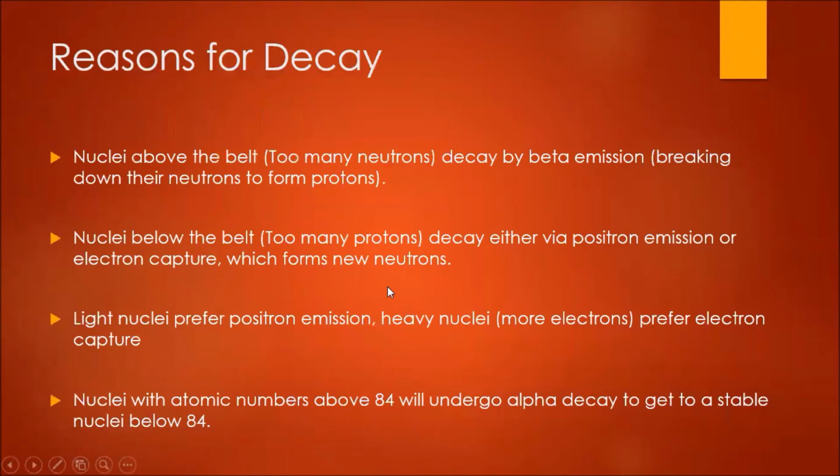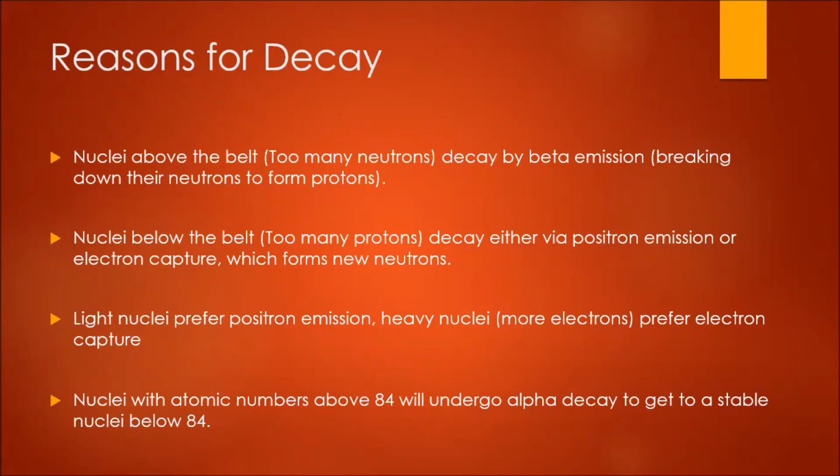Some magic numbers. So this is just a reiteration of what I was just talking about. It's above the belt, which means too many neutrons, and go beta emission. If it's below the belt, too many protons, we either go positron or electron capture. Now here's a quick fact. Light nuclei, because they don't have as many electrons, will undergo positron emission.